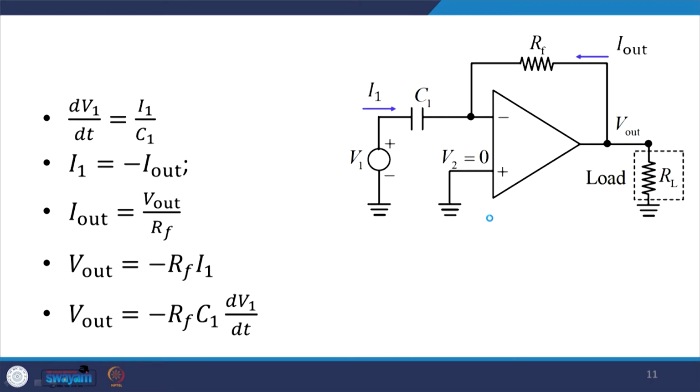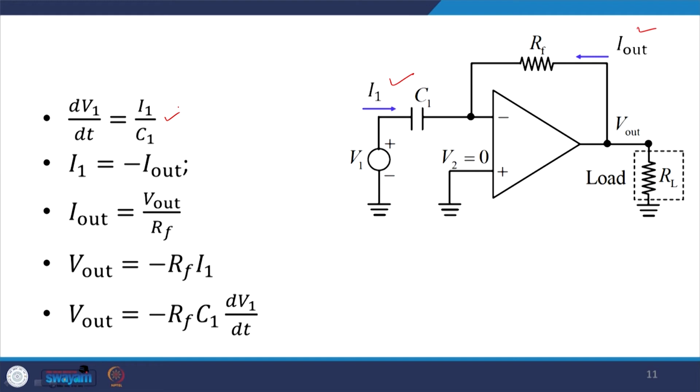So, if I look at the equivalent circuit over here, say this I1 is the current at the input side, I out is the current at the output side. Okay. So, dV1 by dt basically can be written as I1 by C1. Okay.